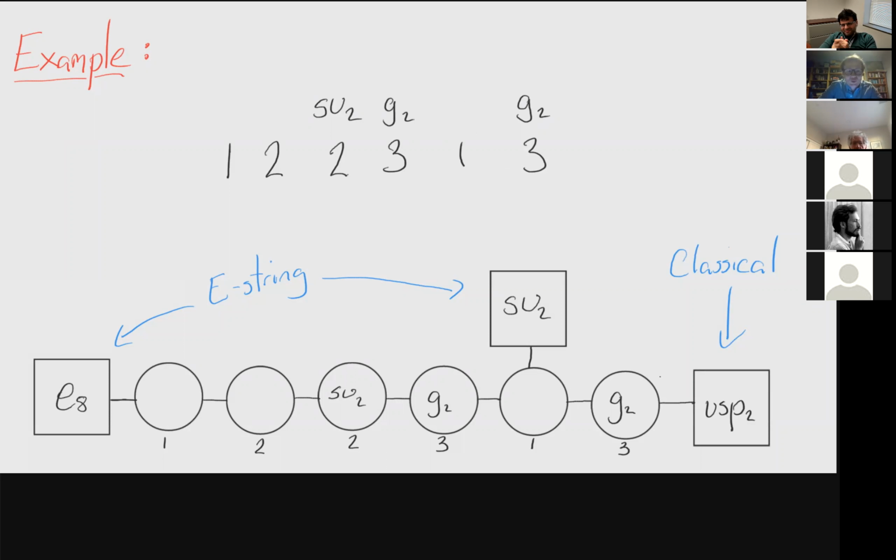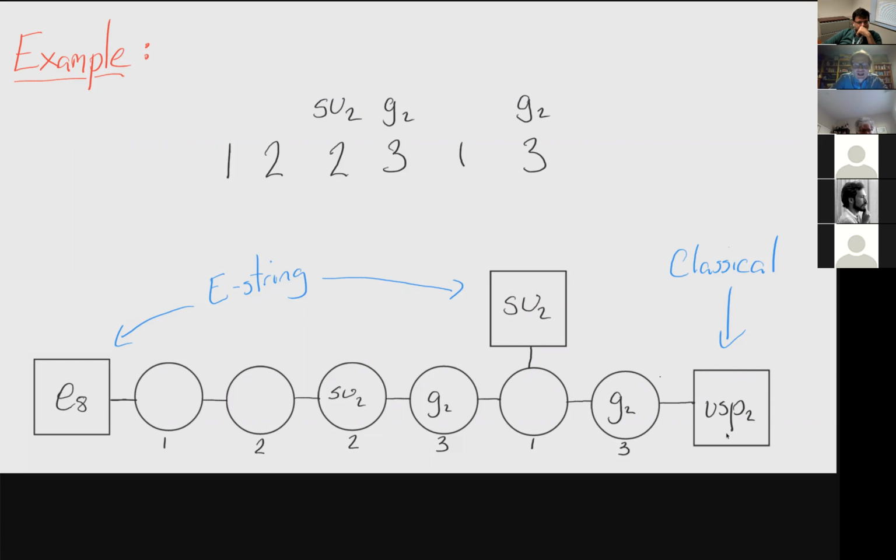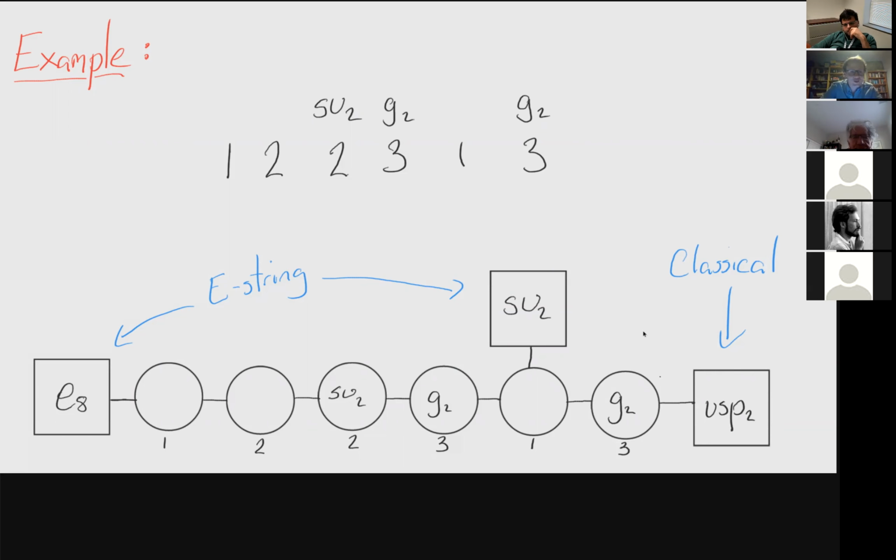That's not a common one, but it's in fact SU2, but it's a funny SU2 because it has embedding index 8, and that will be important later. And over here, anomaly cancellation requires that G2 on a -3 curve has a single fundamental hypermultiplet, which is a real representation. And so it has a USp2 group rotating it, which is a classical flavor. So you can do this now for any curve configuration that you're handed.